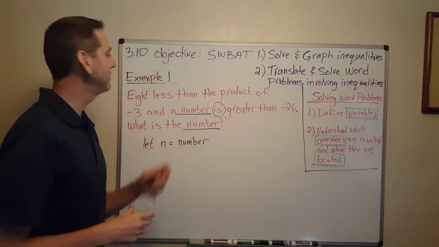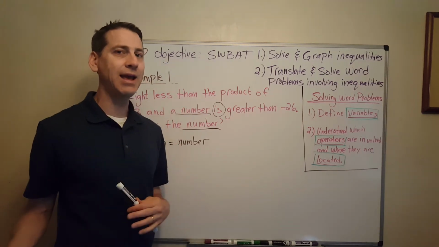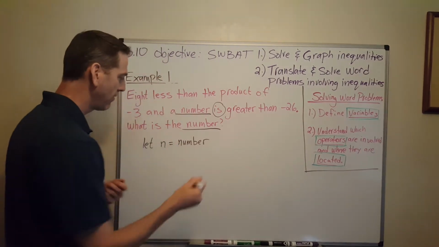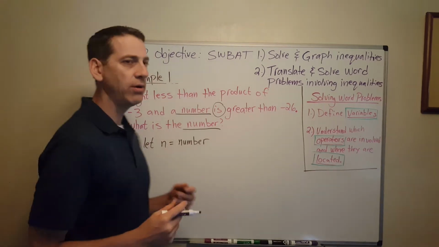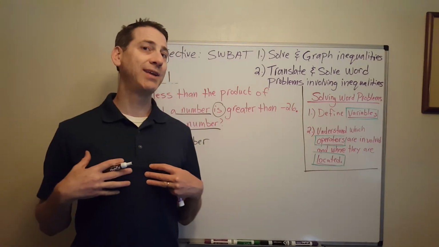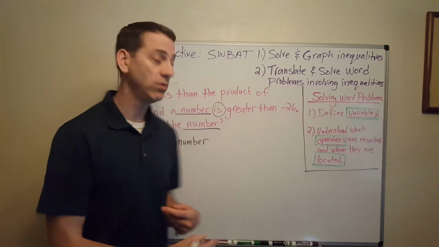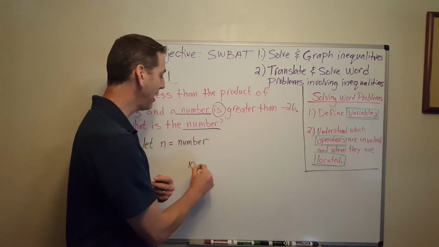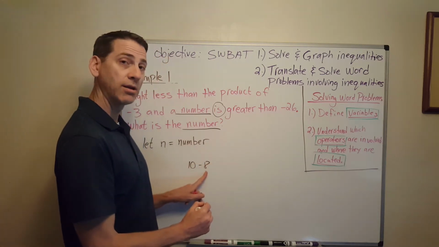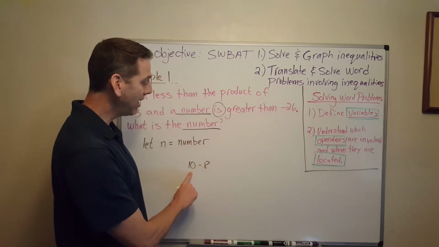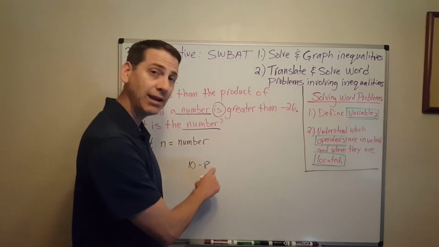So 8 less than just means -8. For example, if I have $10 and you have 8 less than me, you have 2. Well, you had to put my 10 out in front, right? So 8 less than 10 is 10 minus 8.